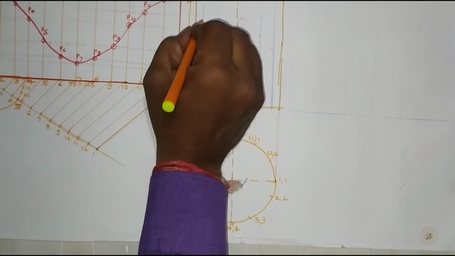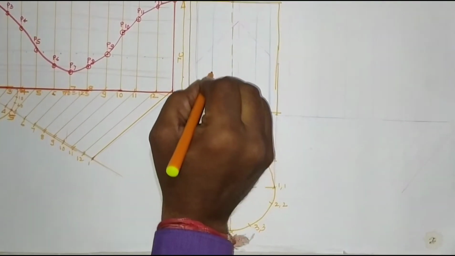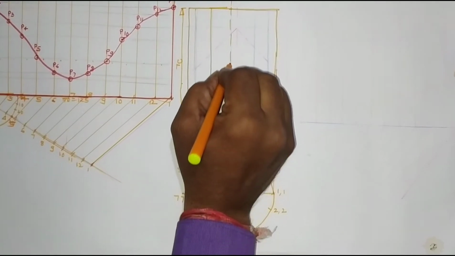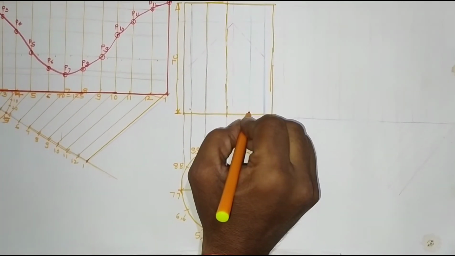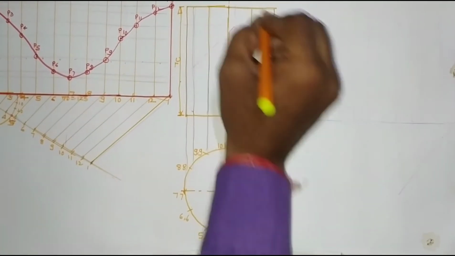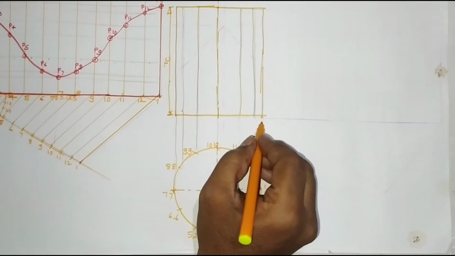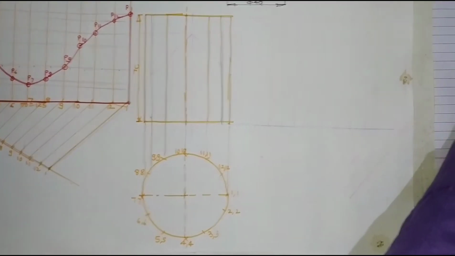Draw faint projection lines. Name this as the base. This is the complete base.